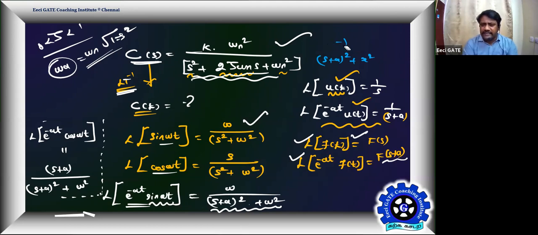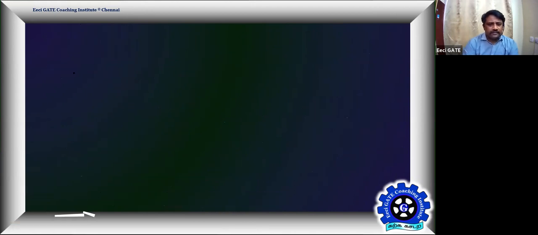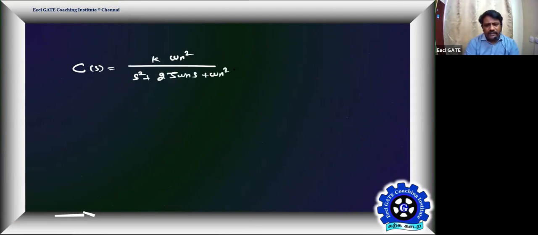Now let us modify C of s suitably for Laplace transform inverse. So this is C of s, that is equal to k into omega n square by s square plus 2 zeta omega n s plus omega n square. I need to modify this.